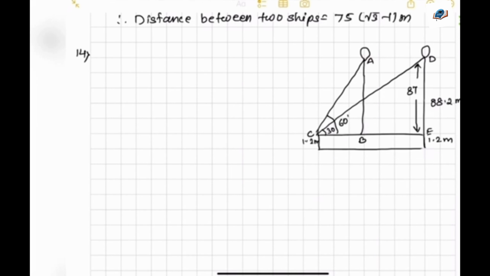DE is the ending point. And the height of the balloon at that time from the ground is 87 meter, as the total distance is given 88.2.